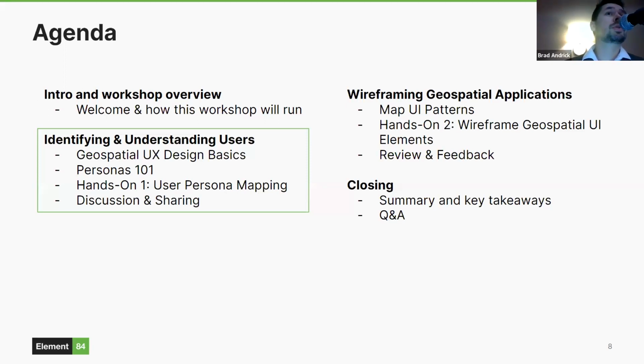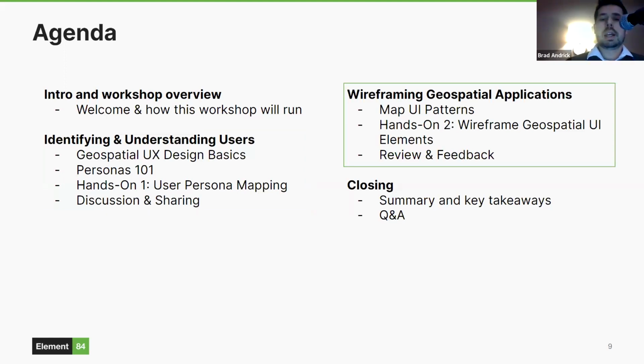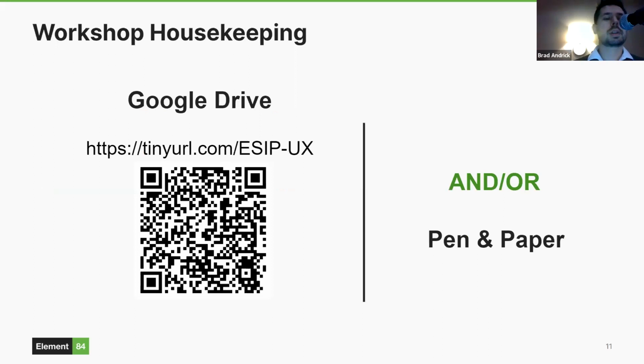We'll go over User Personas 101, and then we'll actually get into a user persona mapping exercise. And if there's time, a little discussion and sharing. And after that, we'll move into going through map UI patterns, as well as working on a wireframing exercise, applying what we learned. And then again, if there's time, we'll have a little bit of discussion and feedback, and then we'll close things out after that.